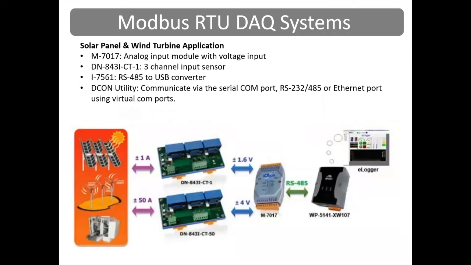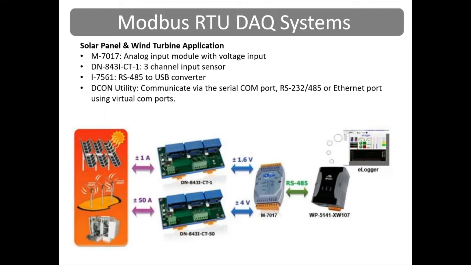Our M7017 Modbus RTU based analog input module is widely used in data acquisition systems in the energy industry. They're being used to get voltage information from our DN843I-CT-1 current input board, which is getting amperage information from energy being produced by solar panels.